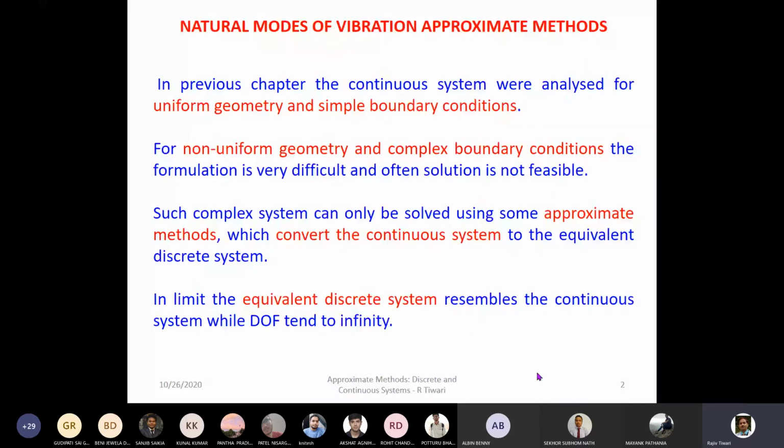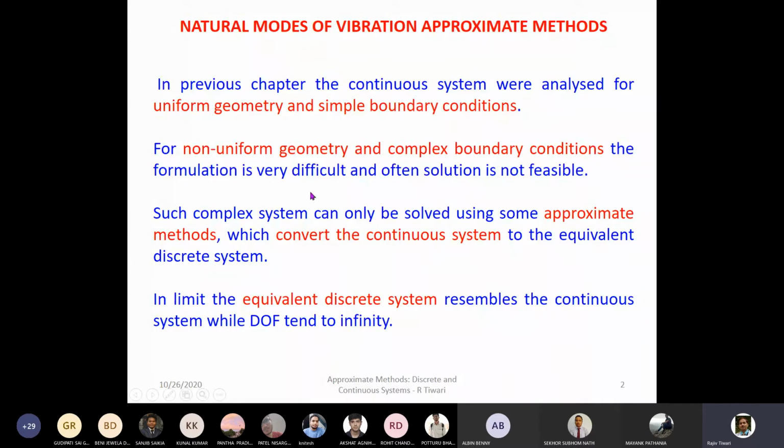In the last chapter, the solutions we obtained for continuous systems were for a uniform beam, with no variation in cross section, and simple boundary conditions, either fixed end, free end or simply supported. When we had a spring attached at the free end or a disk attached at the free end, the eigenvalue problem became more complex.